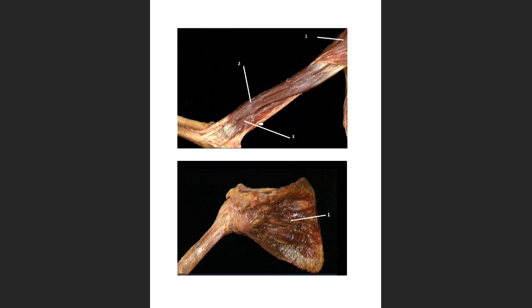So 3 would be the brachialis, right? And then 1, is that like the subspinatus? Wait, no. The list real quick from lab. Or you can pass it to somebody. Okay, any other takers, folks, on that one?